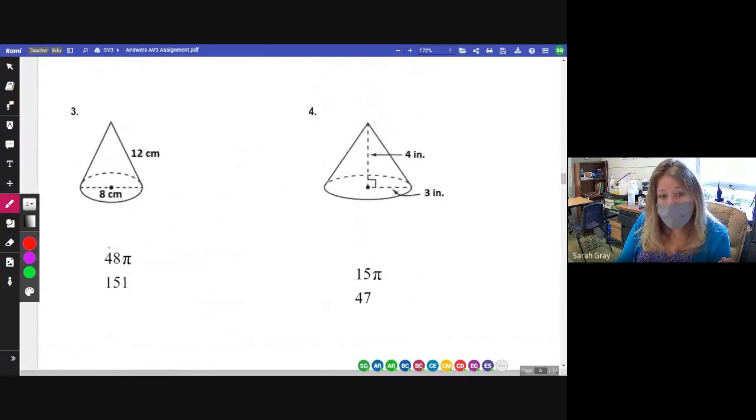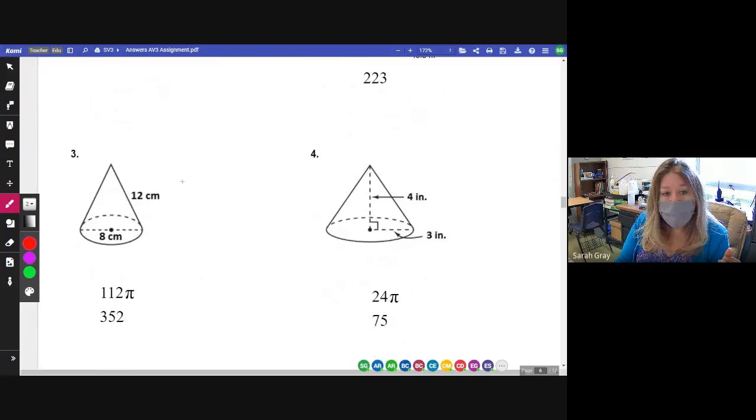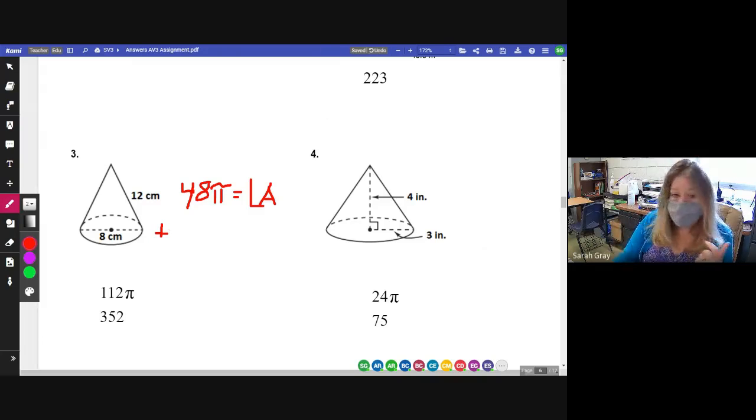So the lateral area is 48 pi. And remember, that's 1/2 times perimeter times slant height. And then to add the surface area, we're just going to add the area of the base. That's its lateral area plus base.